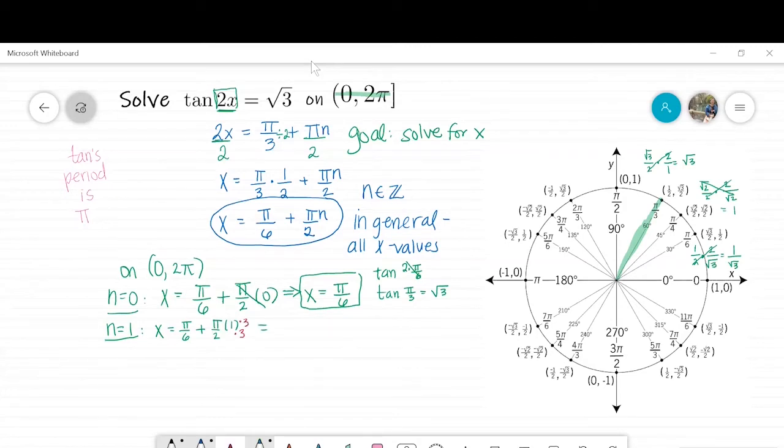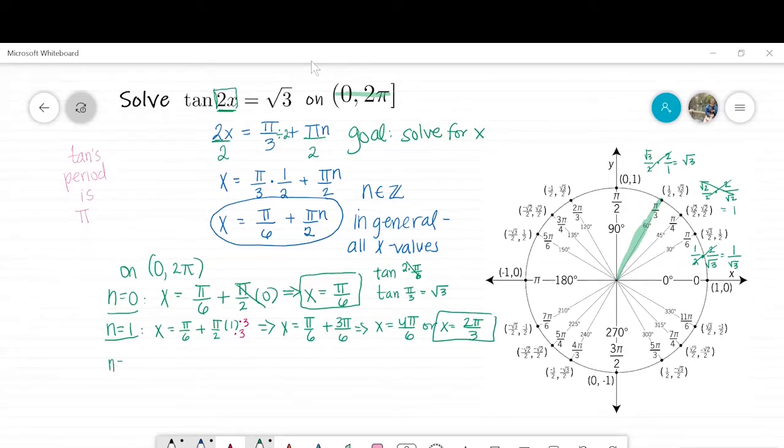So we're looking at x is equal to pi over 6 plus 3 pi over 6, which means x is equal to 4 pi over 6, or x is equal to 2 pi over 3. Now that's another answer. And notice we're still within that 2 pi rotation, right? So we do the same thing again.